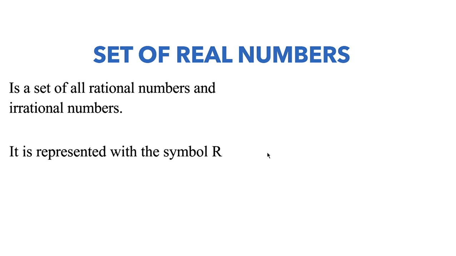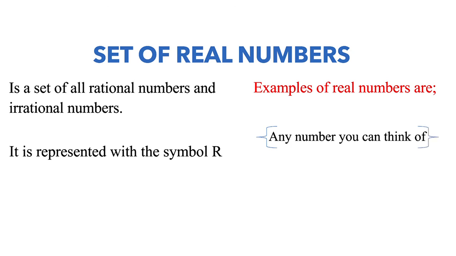And the symbol for real numbers is given as the capital letter R. Now question, what are the examples of real numbers? Can you guess? Wow. The examples of real numbers: any number you can think of. Is it -1, -2? Any number you can think of is a real number. So these are the sets of numbers that I have explained.